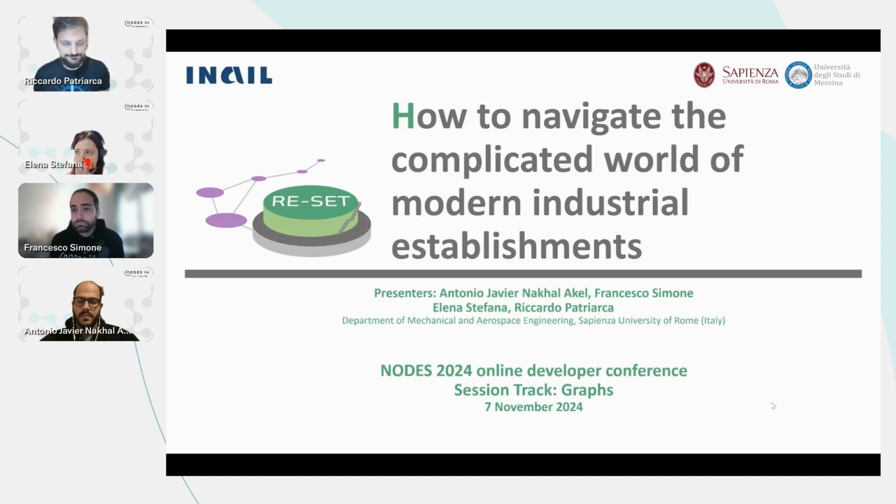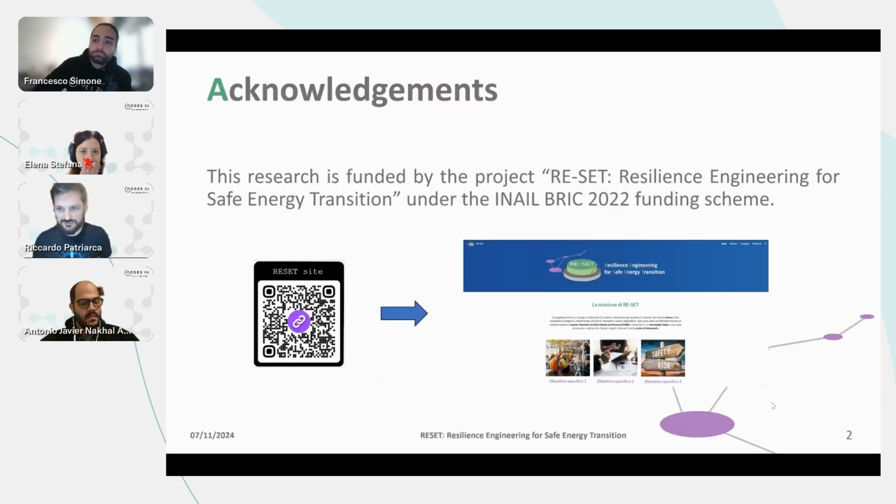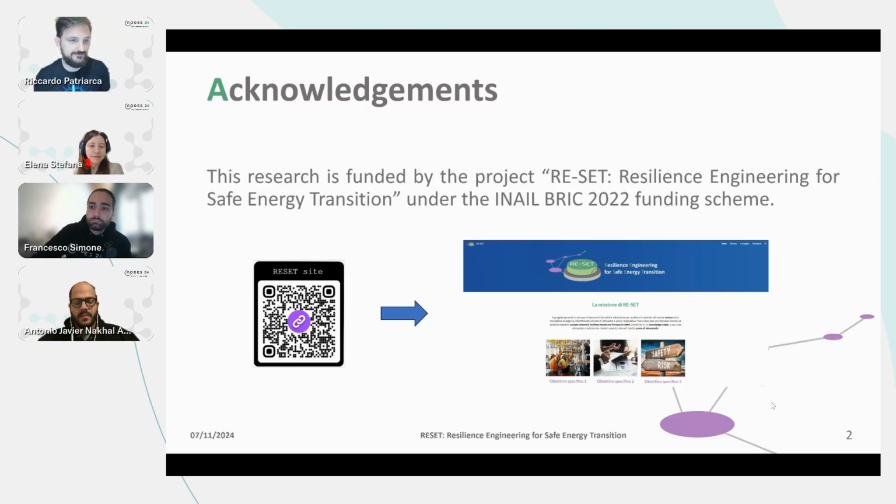So in the next slide, a bit of acknowledgement. As I said, this is not just a pure academic exercise. It is a funded industrial project with results to be shared with the national insurance company in Italy, which somehow trusted us well enough to fund this kind of new idea, at least for the field of industrial and safety management.